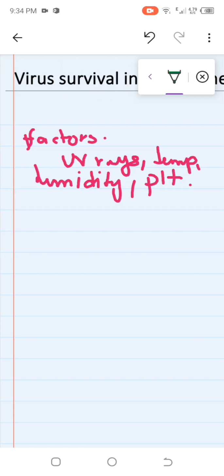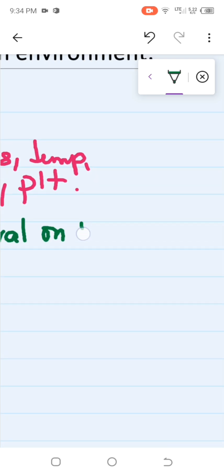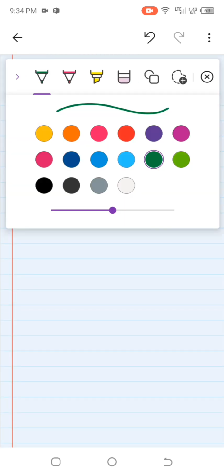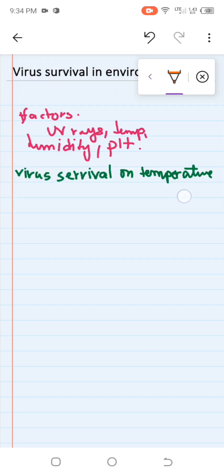Virus survival and temperature. Now, if I am going to tell you how virus basically survives with temperature: temperature affects the capsid of the virus.